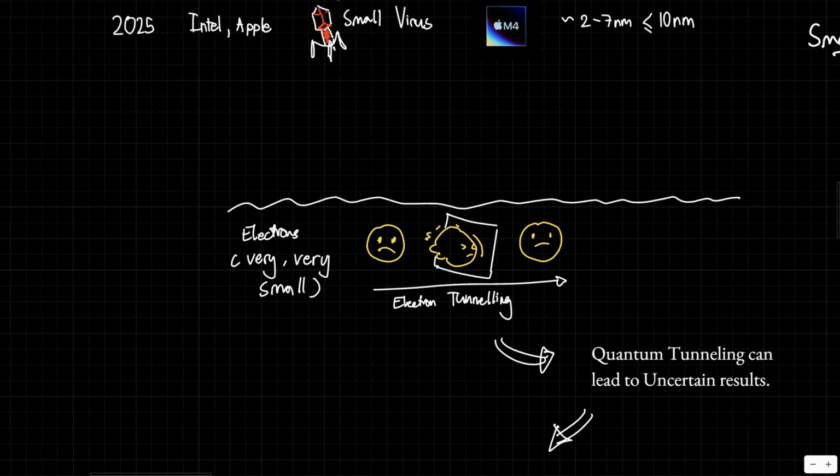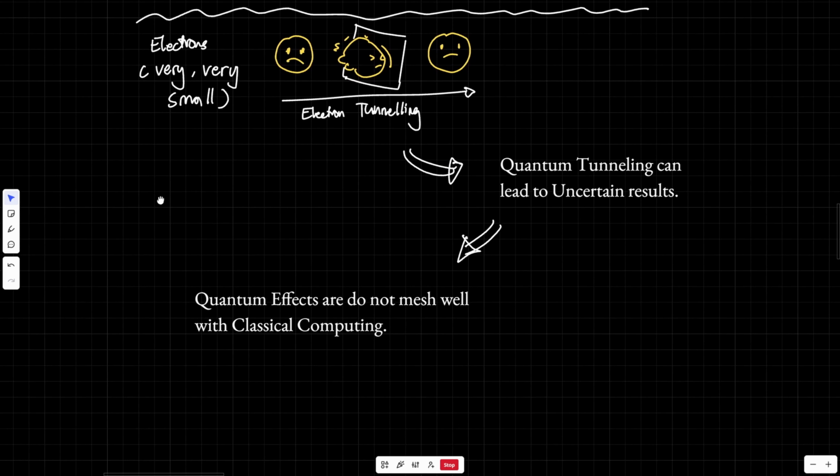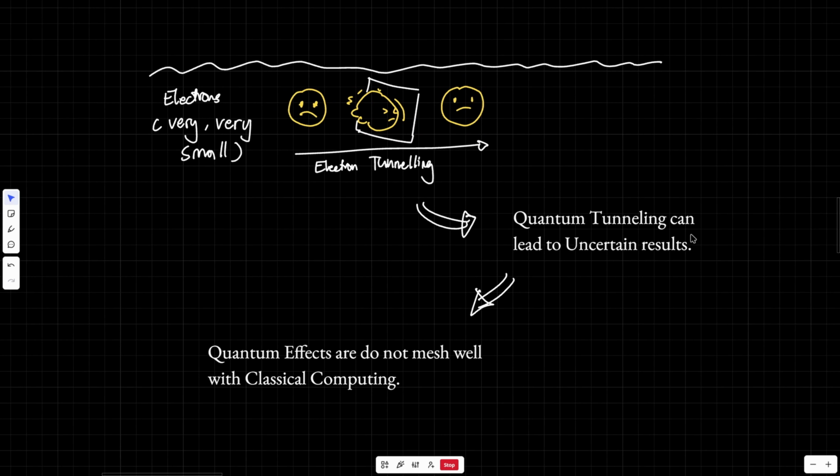An example would be electrons doing quantum tunneling across barriers that were set up by us humans. Quantum tunneling can lead to uncertain results. And because of that, quantum effects do not mesh well with classical computing.